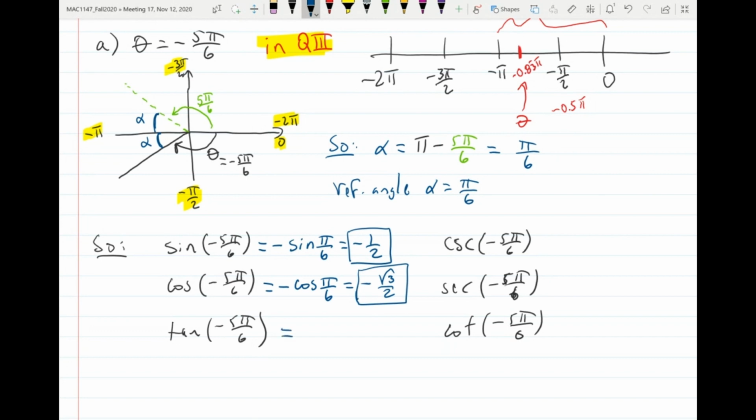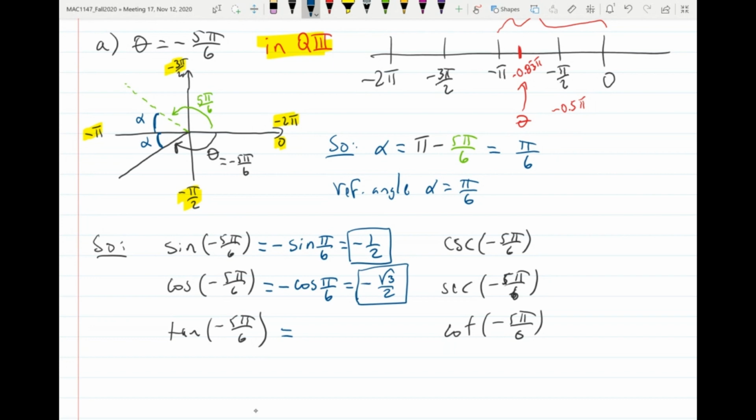So let's see, what do we know about tangent in quadrant 3? Is it positive or negative? Remember, tangent is sine over cosine, and because both of them are negative, when you divide them you're going to get positive. We said last time that in quadrant 3 tangent is positive. So we're expecting a positive answer. How do you find it? Just divide sine over cosine.